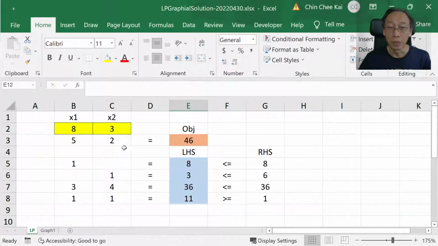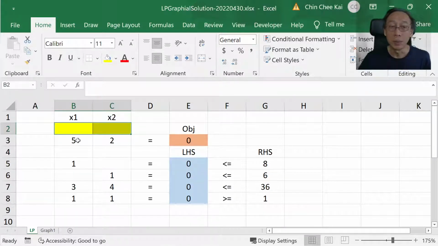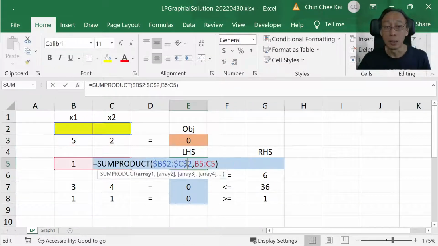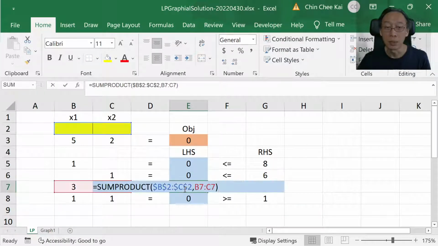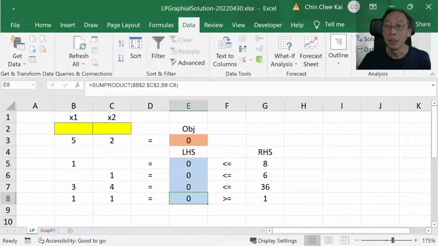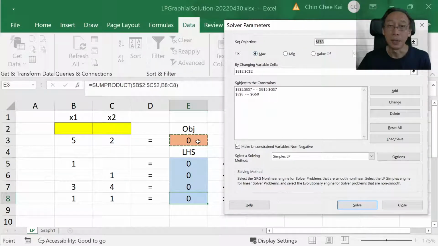We set it up in this way, with the SUMPRODUCT, x1 less than equal to 8, x2 less than equal to 6, 3x1 plus 4x2 less than equal to 36, x1 plus x2 greater equal to 1. So everything is nice and proper. Then we solve for it by selecting the objective function, changing variables B2, C2, the constraints, simplex LP, and so on. So the standard stuff.